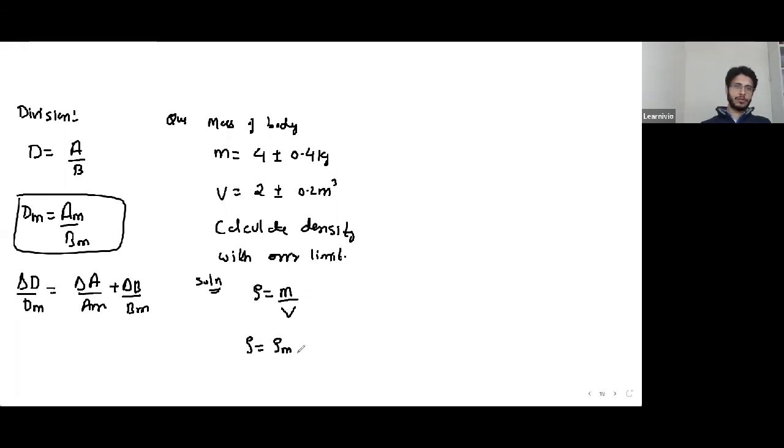It's mean value plus minus error in density. So the mean value of density is mean value of mass divided by mean value of volume. Mean value of mass is 4, mean value of volume is 2. So it comes out to be 2 kg per meter cube.